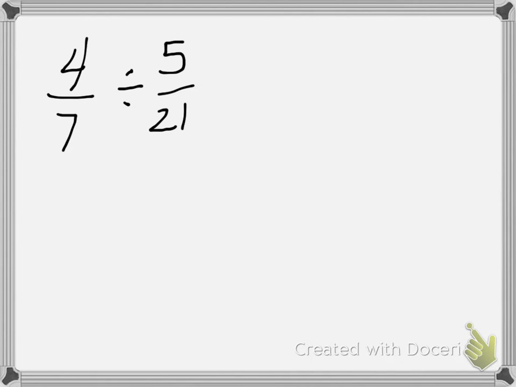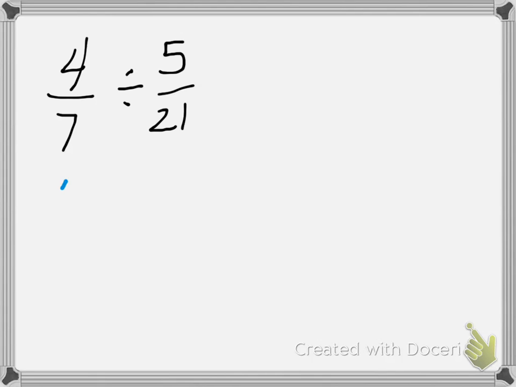Now, if we have fractions that are not the same, we're going to use the same steps. First of all, these are already fractions. So we're going to have to keep, change, flip. So basically we never divide fractions. We always multiply by the flipped fraction, we call that the reciprocal.